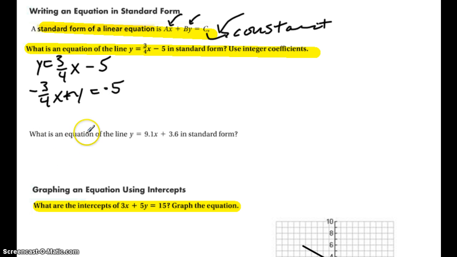And then they asked us to go ahead and use integer coefficients. In other words, they want us to get rid of this fraction. One way to get rid of a fraction is to multiply by the reciprocal. However, if we multiply this by 4/3, we're going to have 4/3 here in front of the y, so we've got a little bit of a quandary.